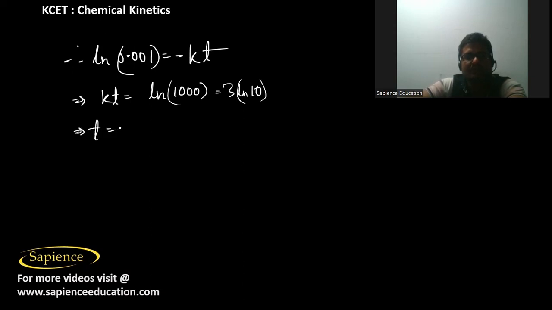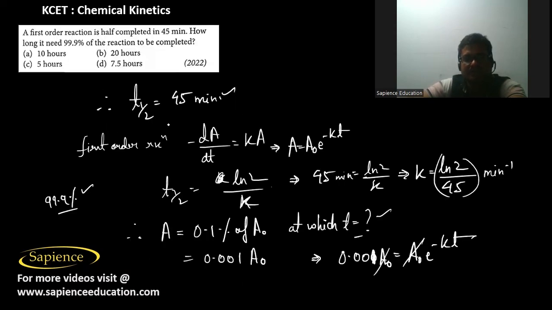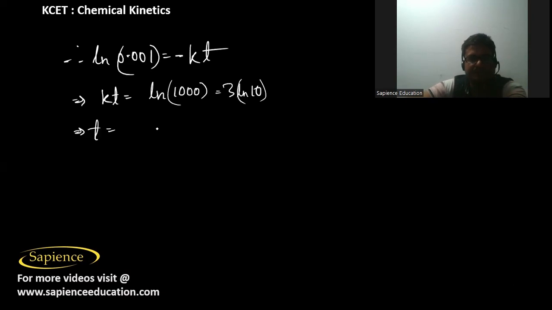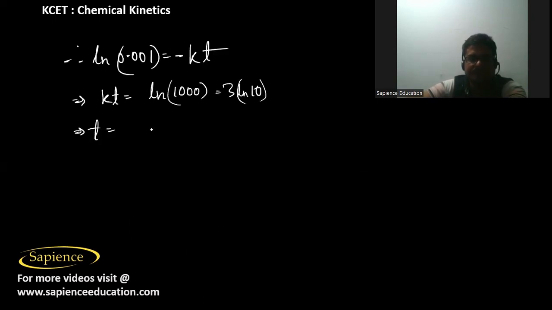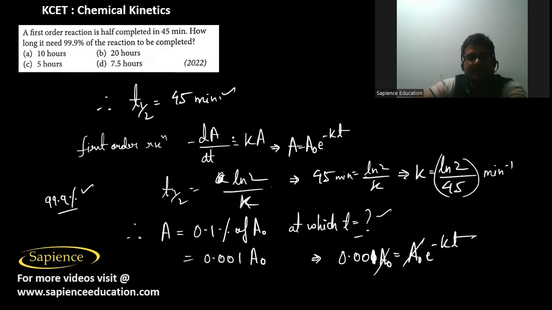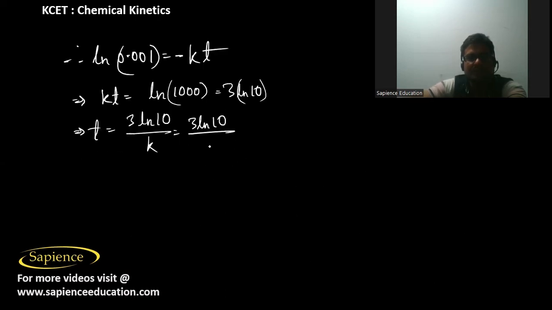So t equals 3 ln 10 divided by k, where k is ln 2 by 45.